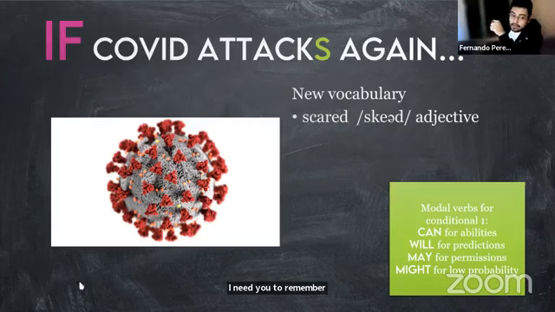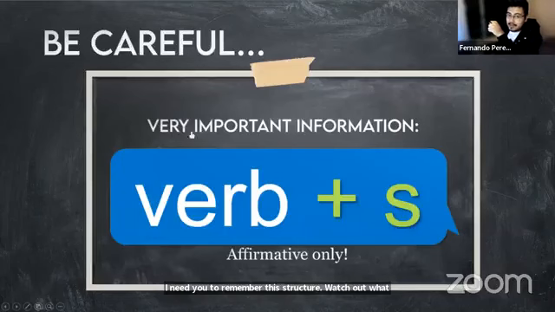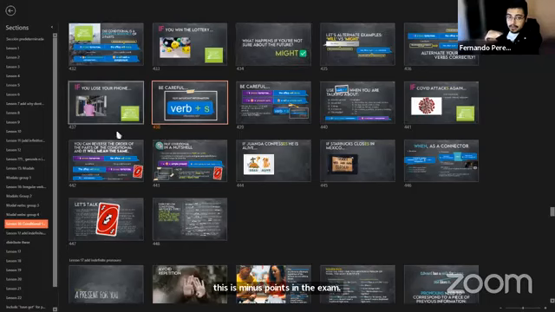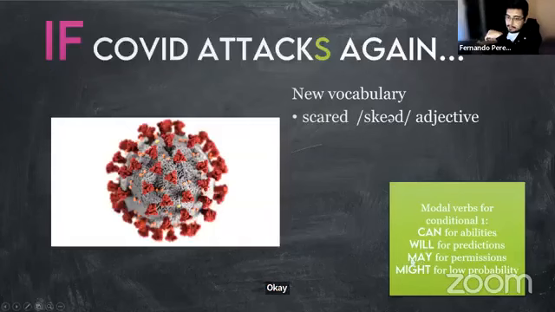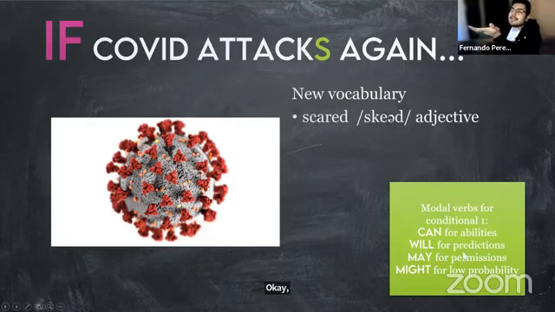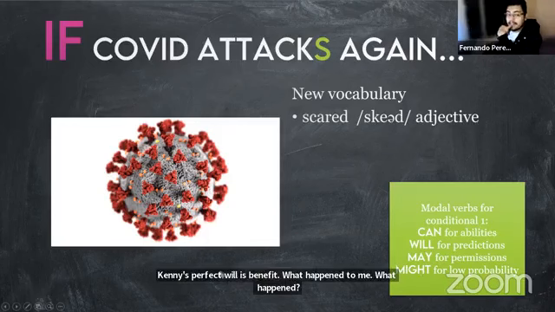Watch out for the verb plus S. It's very easy to forget. Many people forget the S, and this is minus points in the exam. And also, make more examples with may and might. You are not using may and might. Can is perfect, will is perfect. What happened to may? What happened to might?